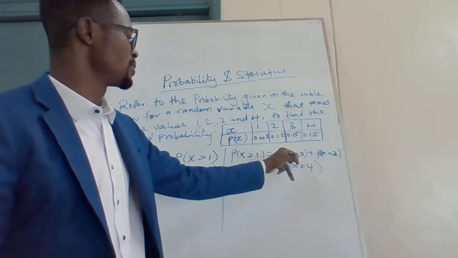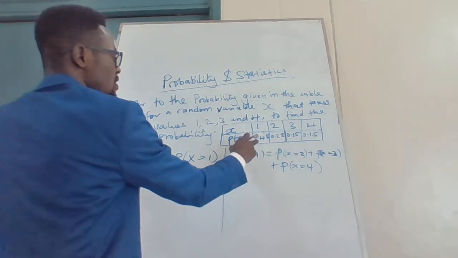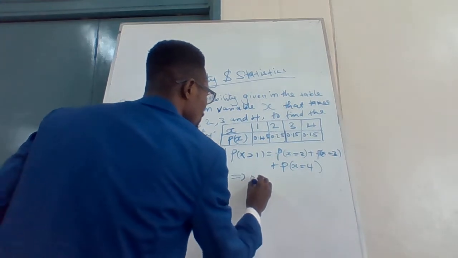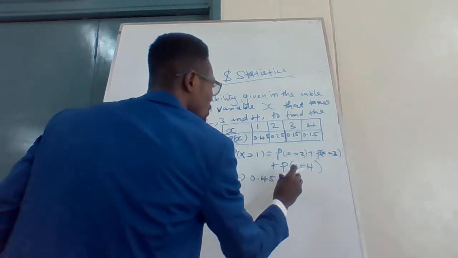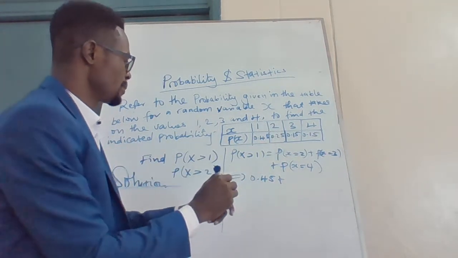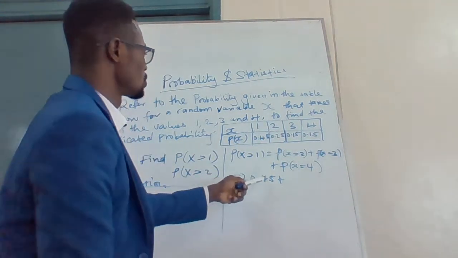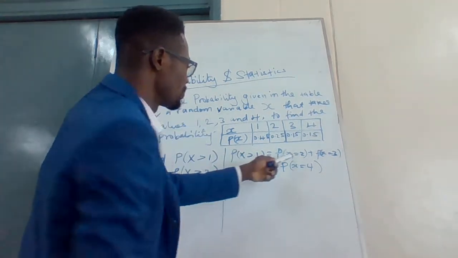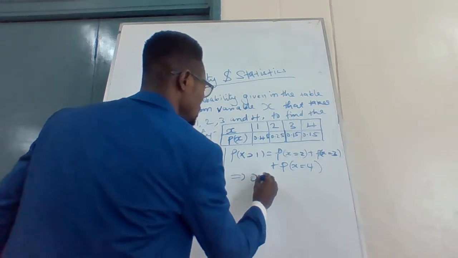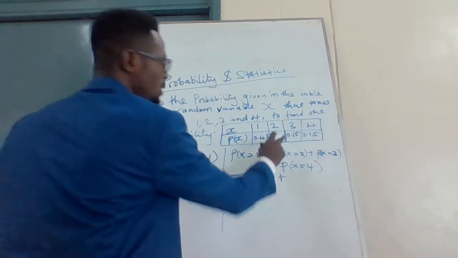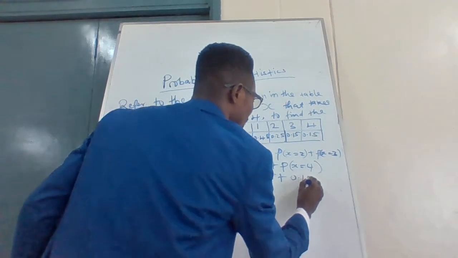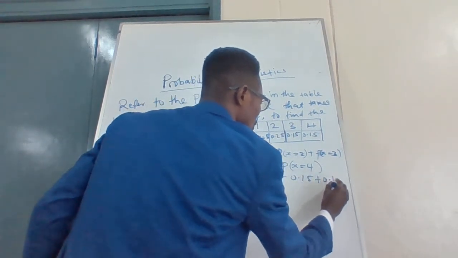And what is the probability of x equals 2? It is 0.25. So this implies that our probability is the probability of x equals 2, which is 0.25, plus x equals 3, which is 0.15, plus 0.15.